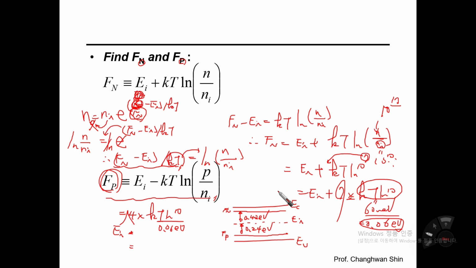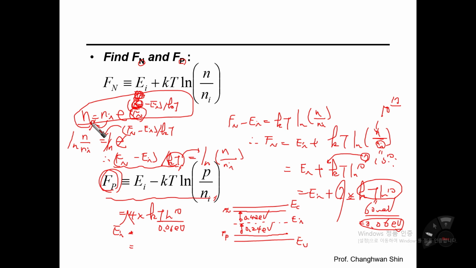It is not the exact Fermi energy level, but we can use it, because we would like to preserve the equation format. So we have introduced two different concepts: quasi-Fermi energy level for electrons and the quasi-Fermi energy level for holes.